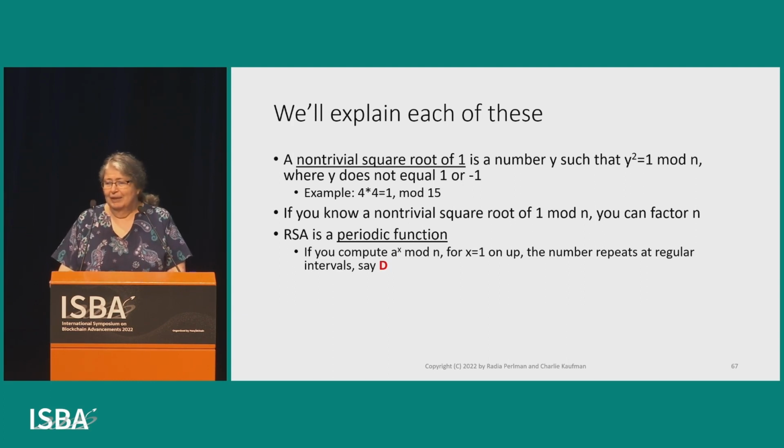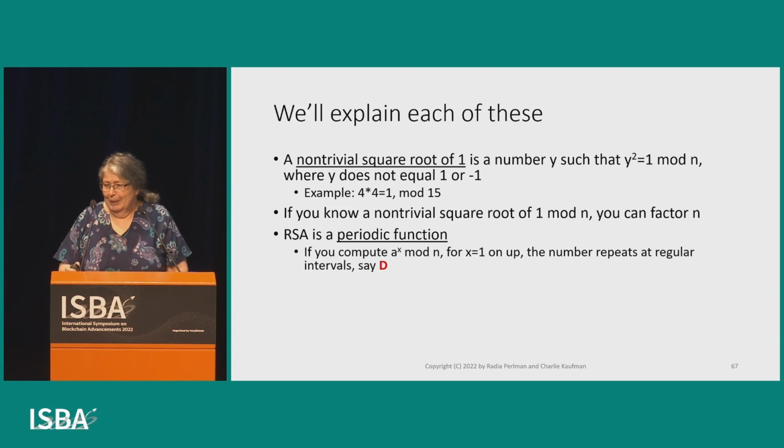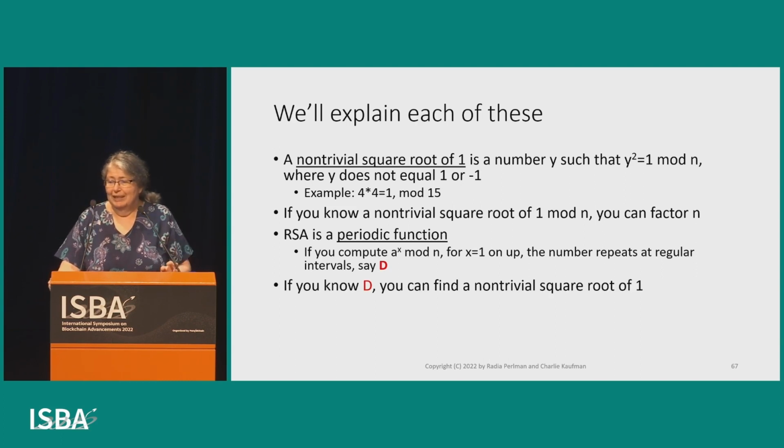If you know the period, when it repeats, let's call that d, defining d to be how many numbers you go through before it repeats, you'll be able to find a non-trivial square root of 1 mod n. And if you can do that, then you can factor n, which means you can compute private keys from public keys.